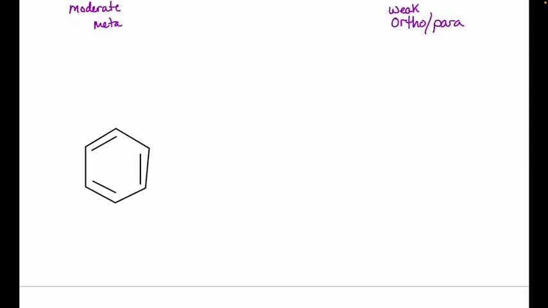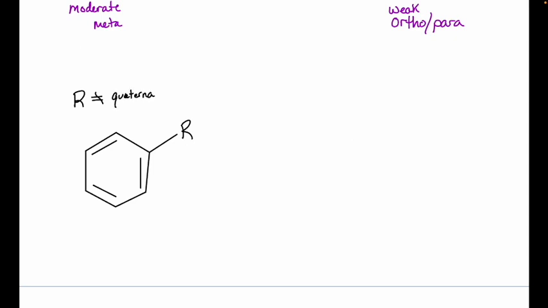All right, the first of which was if we take an alkyl group, let's just call it R. We can make note that R can't be quaternary.